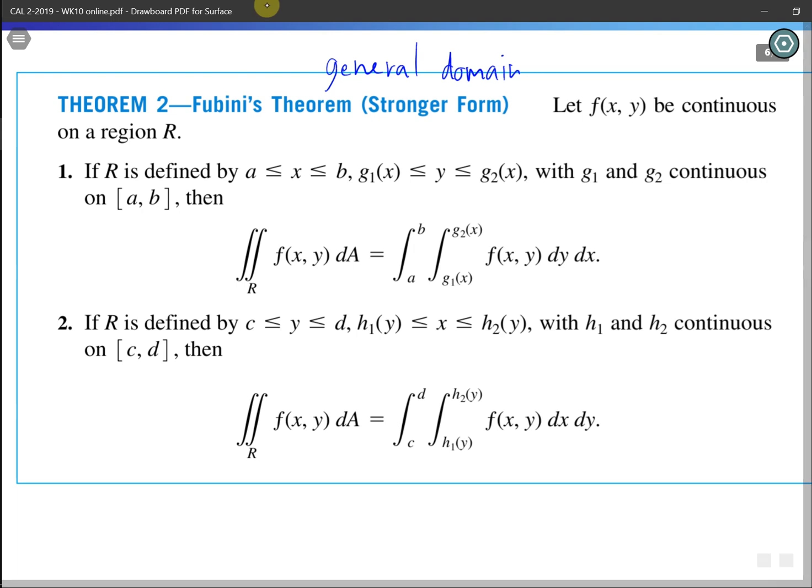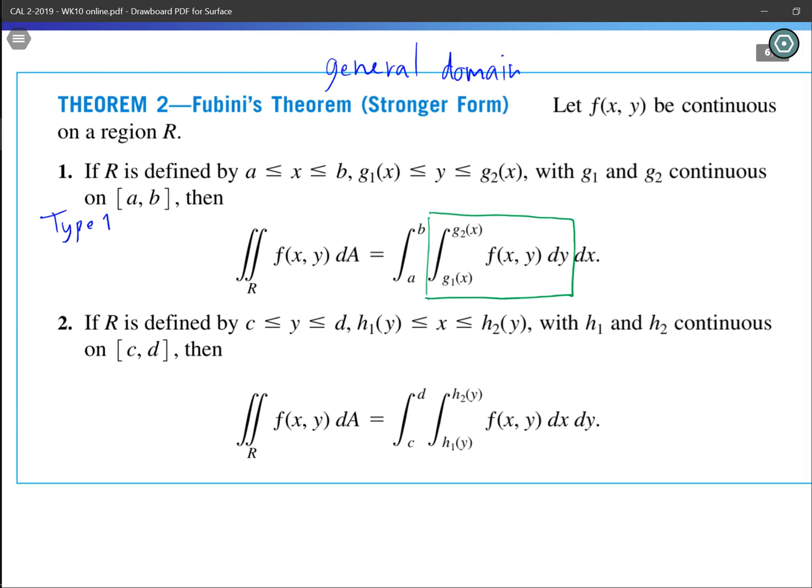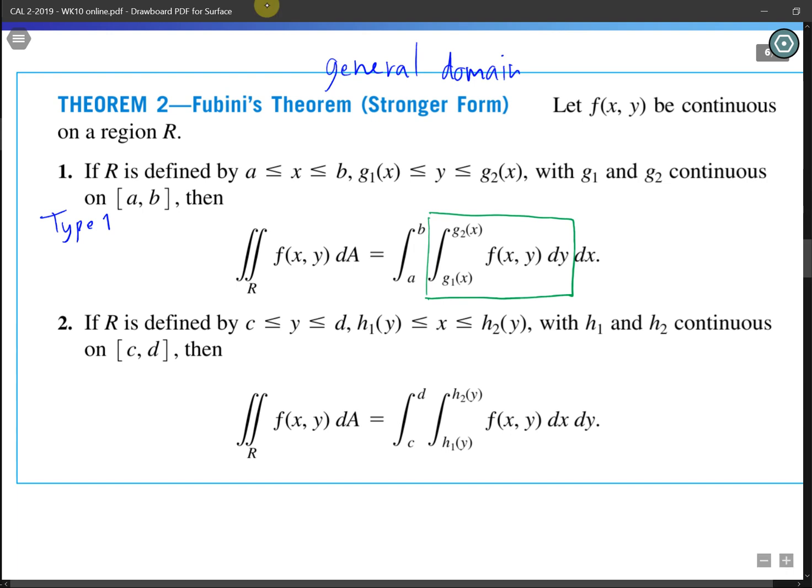So for type 1 here, you are going to sweep the y variable first. This is going to work when you have one function below and one function above. So this is g1, the lower function, and g2 here is the function above, the upper function.